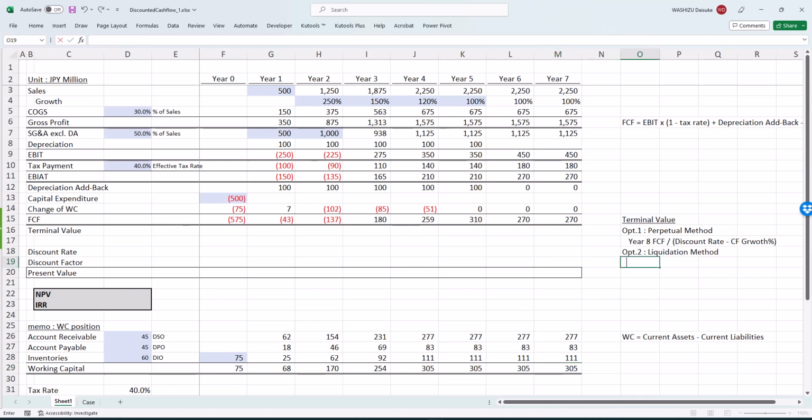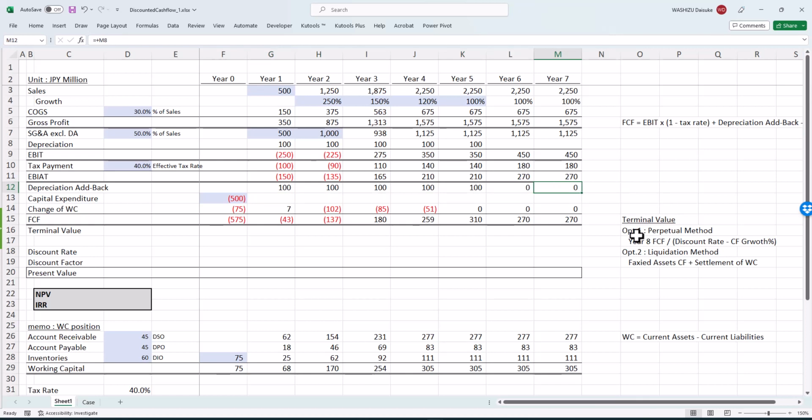When we take a liquidation method, basically for the fixed asset, if we can sell it at a price, we can count this cash inflow. And also the settlement of working capital. For this case, we have 500 million of capital expenditure, but this 500 will be depreciated over 5 years. At the end of year 7, we have no value on a book value basis.